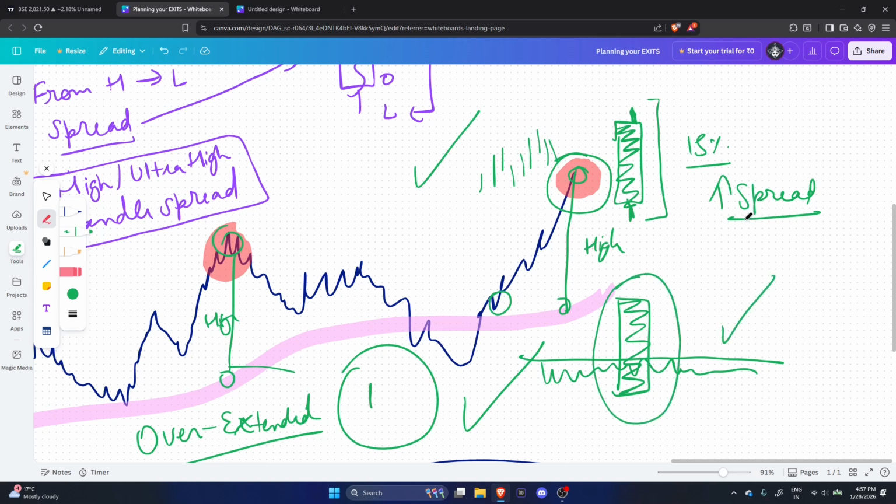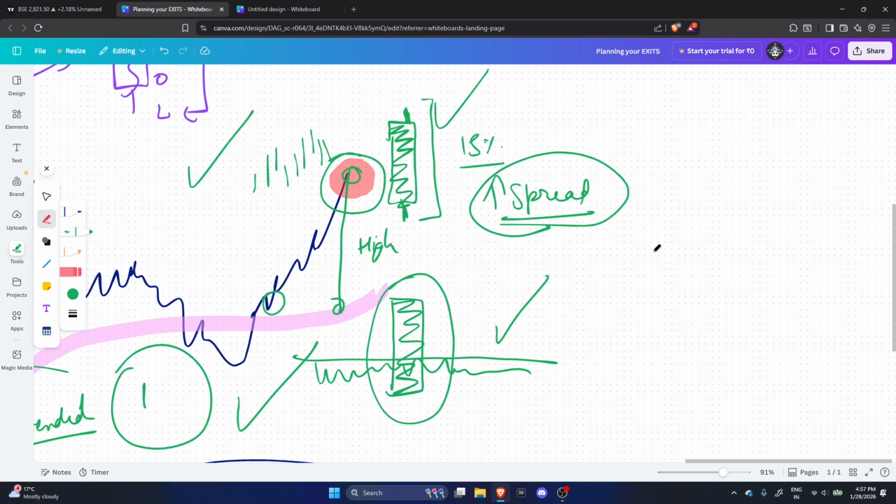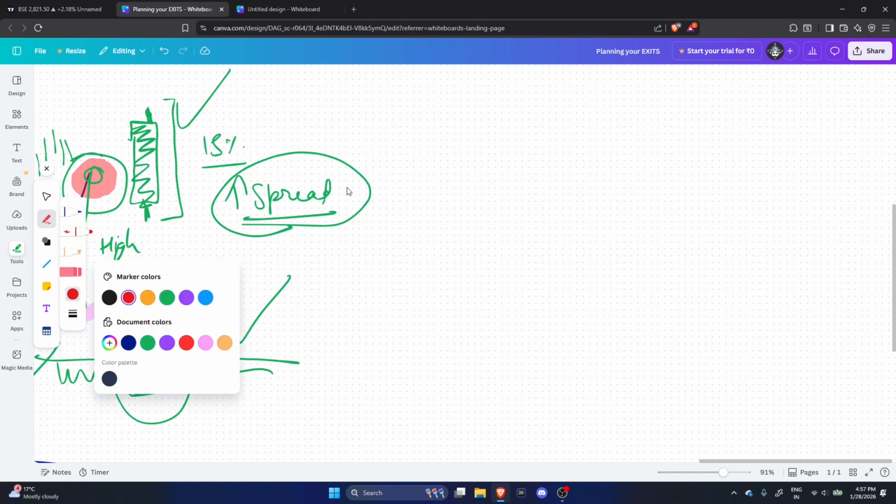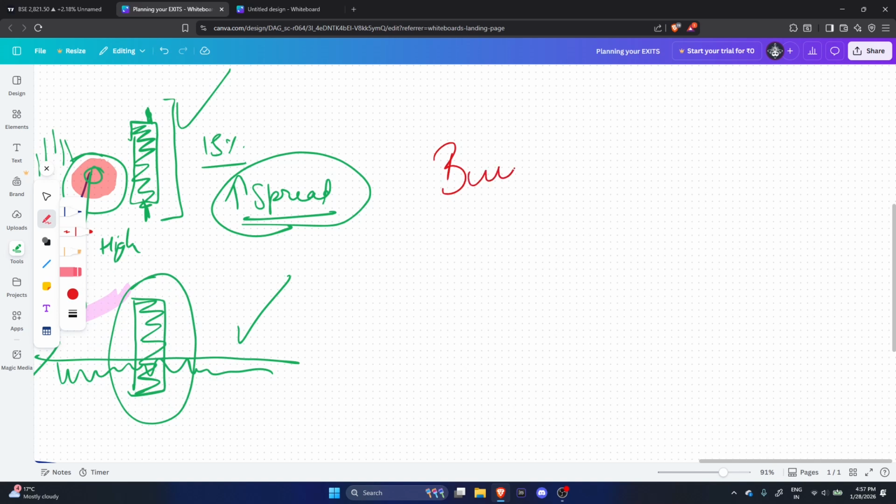Criteria number 3, very high candlestick spread, met. Once all of this comes into play together, this whole condition is called a buying climax, which is the crux of this whole video and how I exit into strength. This is a part of strength.